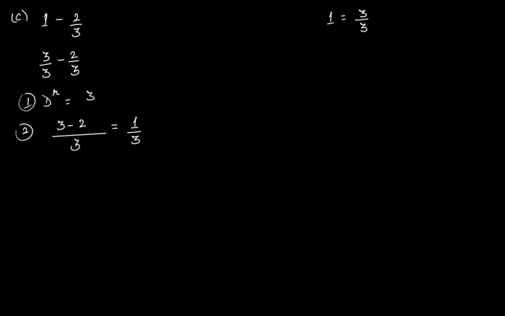Okay, this is the answer. Actually, I got confused. I was thinking it was going to be 2 minus 3, and I haven't told you how to subtract a bigger number from a smaller number. That's why I got confused, but it's not the case. It's actually a bigger number minus a smaller number. So 3 minus 2 is 1 by 3, that's your answer.